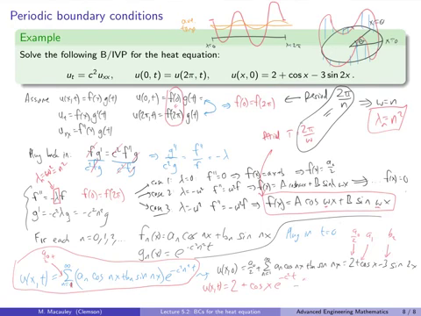So this is minus 3 times sine of 2x, times e to the negative c squared 2 squared t, so negative 4c squared t. And this is our final solution, our particular solution that satisfies the periodic boundary conditions.